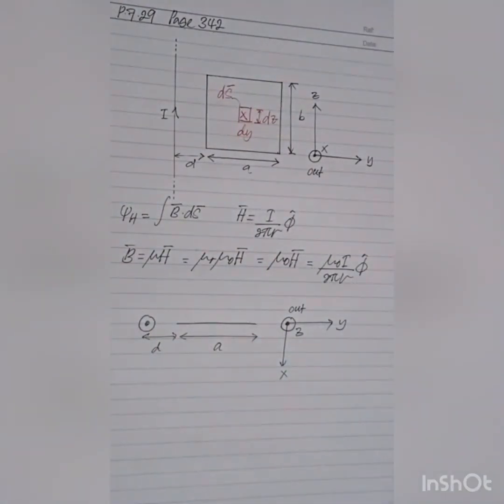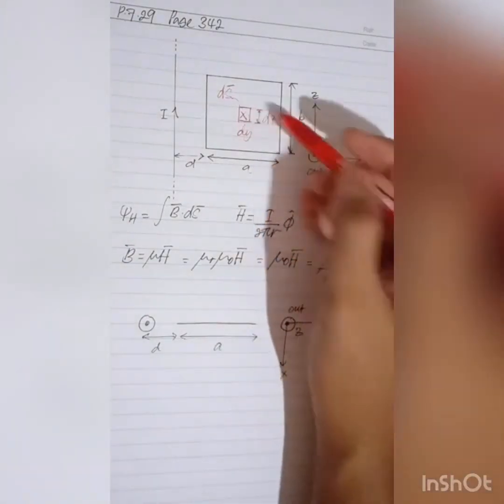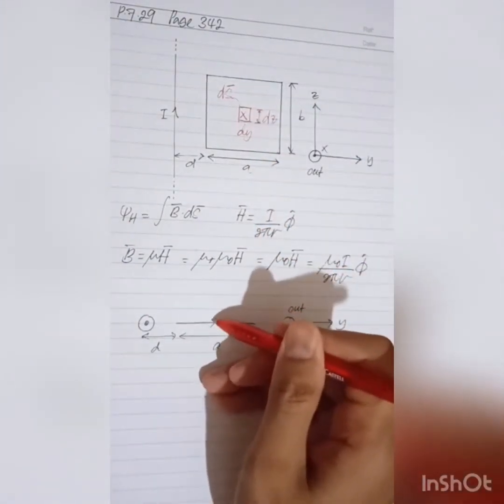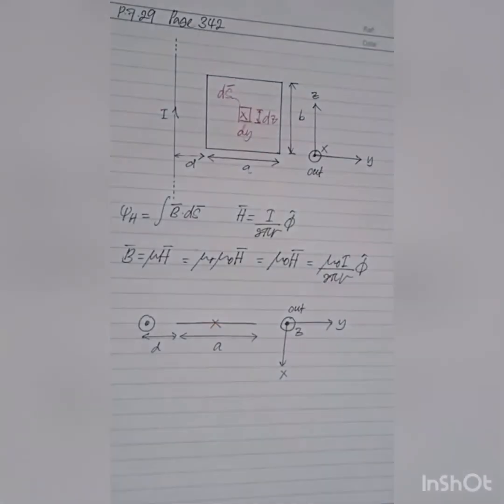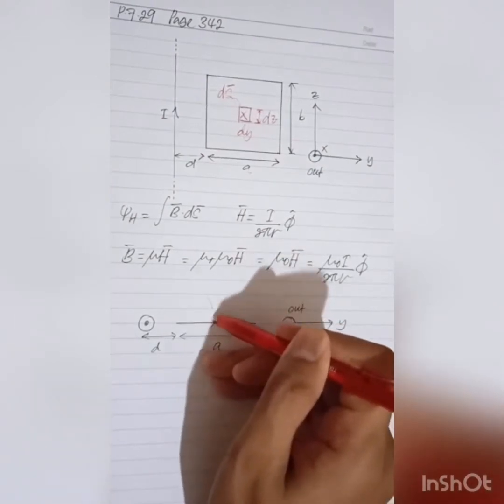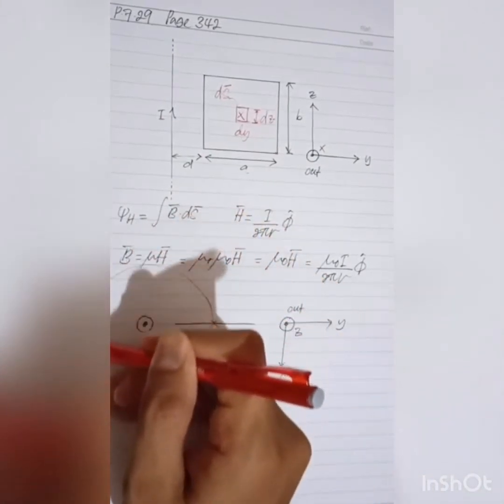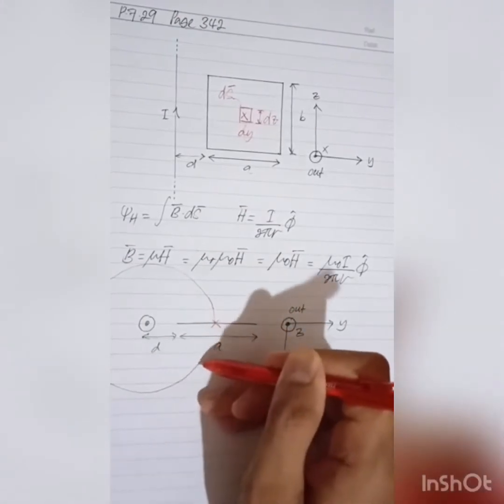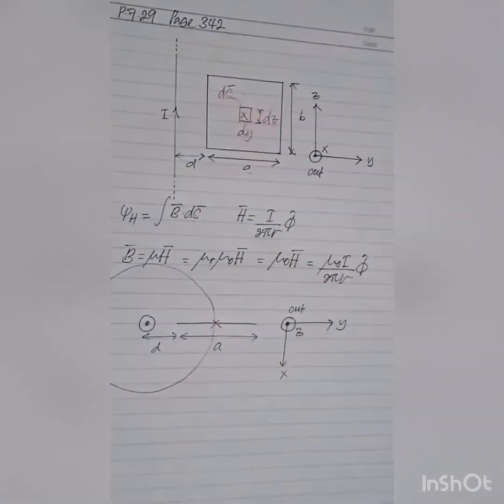Now let's say this is our sample, as drawn up there. I want to find the B that exists at that particular position. Let's draw our H or B field, which is in the phi direction.